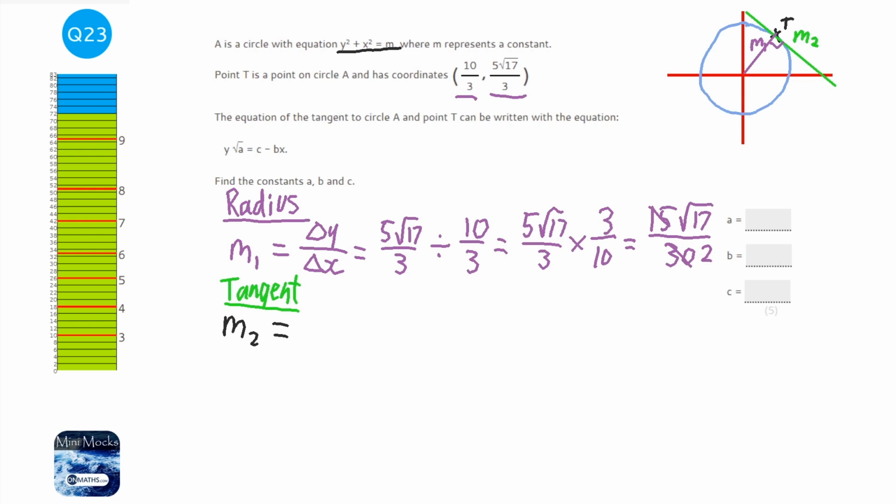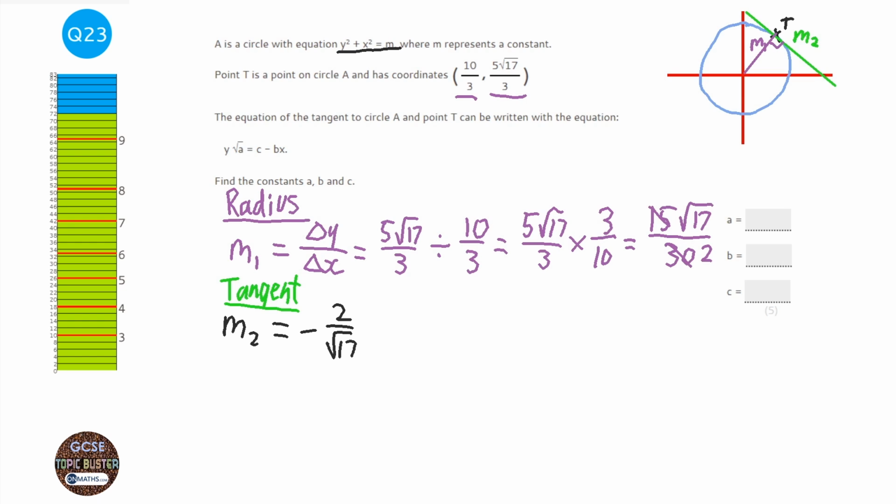Therefore, we know that they'll multiply together to make -1. So basically, to get from one to the other, you find the reciprocal and you change the sign. So we've got root 17 over 2, so that's a positive number, so it's going to be negative. And we're going to flip that, so it becomes 2 over root 17. Cool, we've got our gradient.